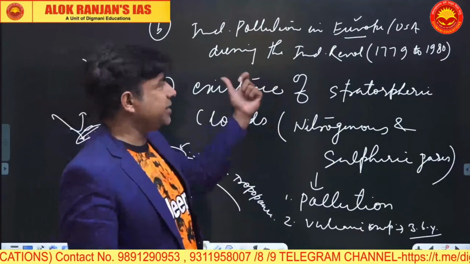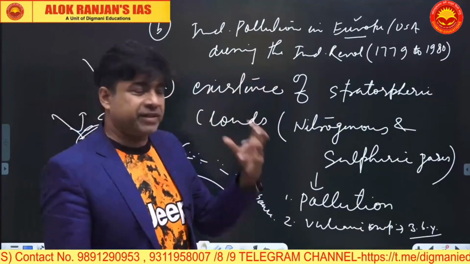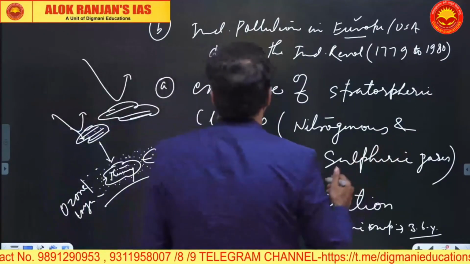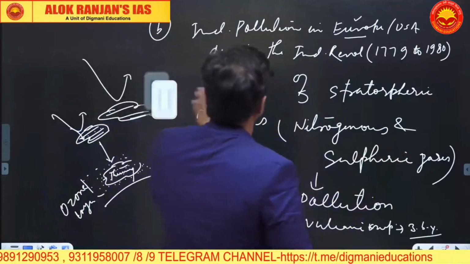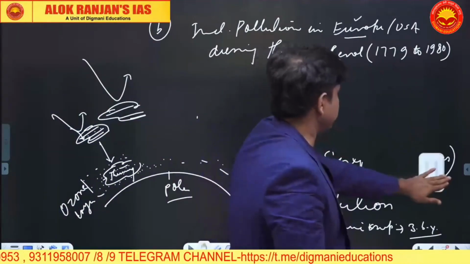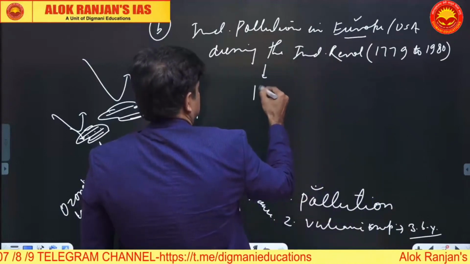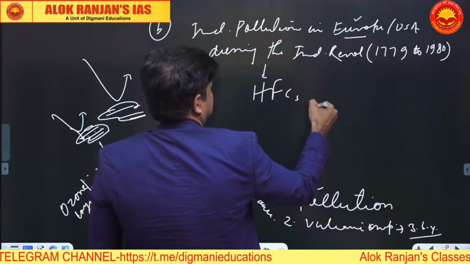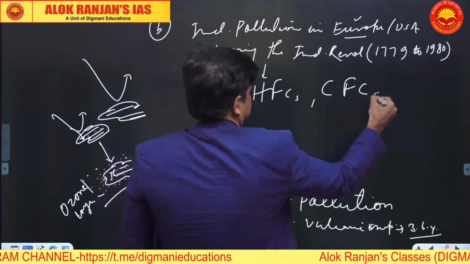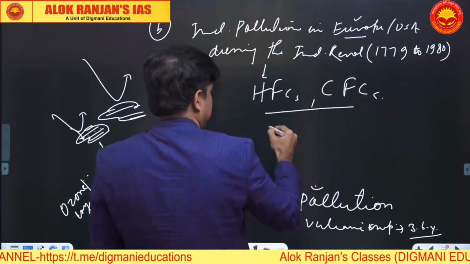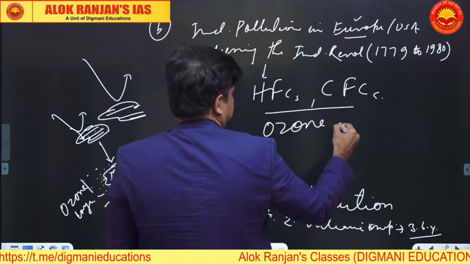Write, these pollutants reached mainly the CFCs, HFCs. They are called ozone eating gases.